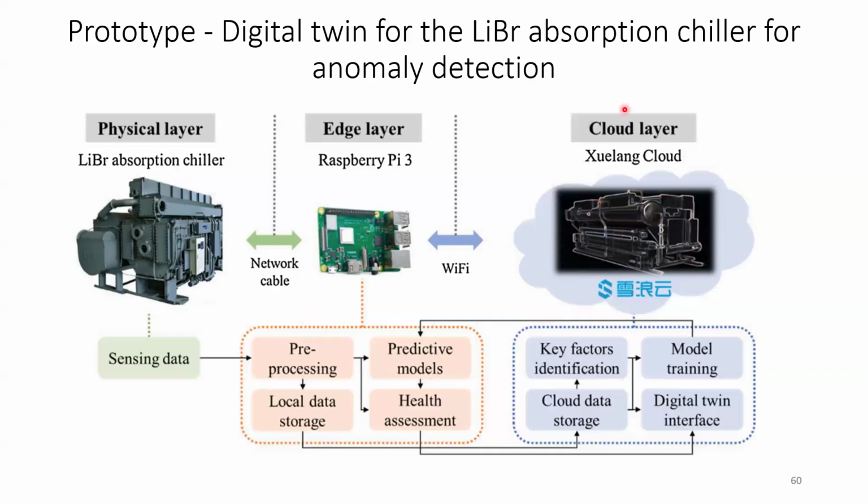And then comes the cloud layer. All the process data and insights are transmitted through Wi-Fi to the Xilinx cloud, where more computationally intensive tasks are performed. These basically include identifying the key factors, storing large scale data, training more complex models, and maintaining the digital twin interfaces.